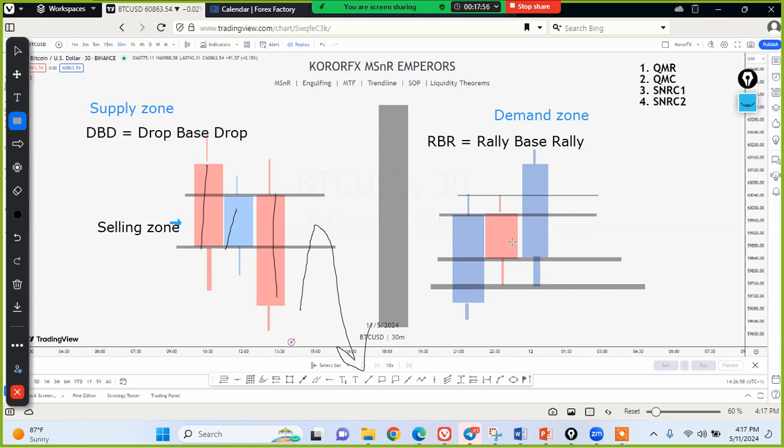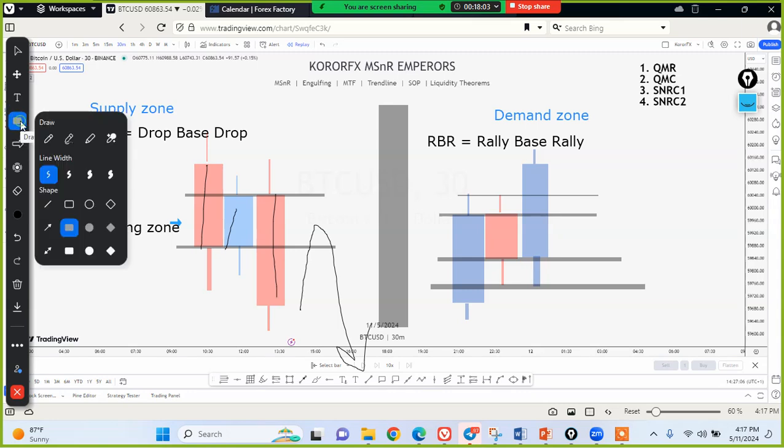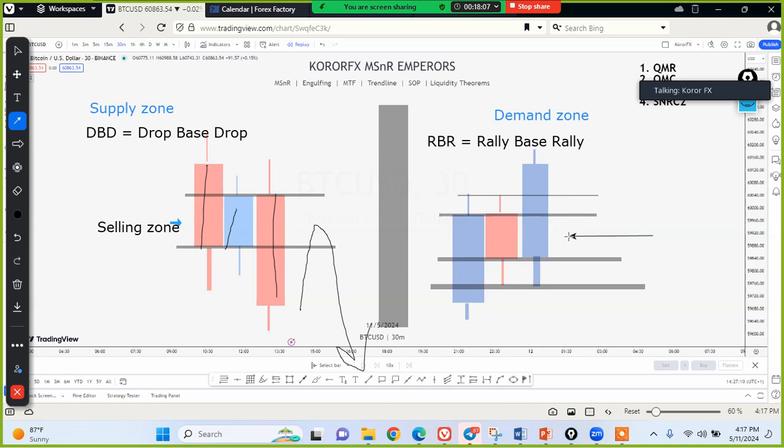The body of this base candle is where I will always look, guys. We always look at this level, this zone, the middle candle. So I will buy here. This is a buying zone.